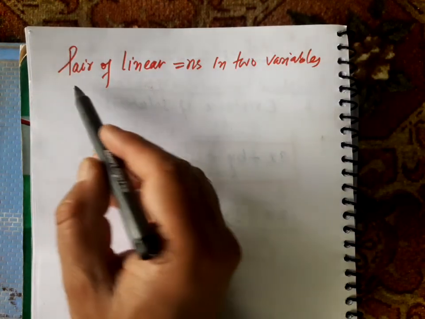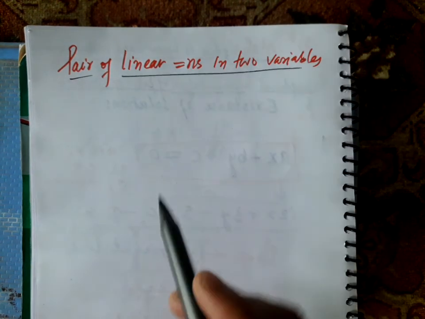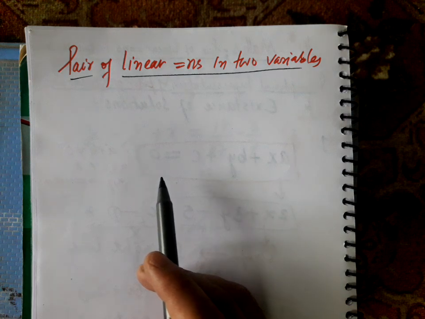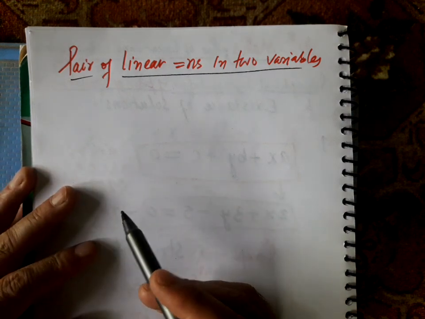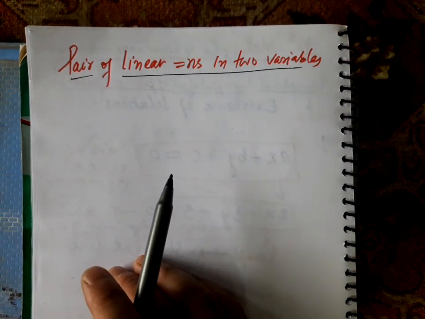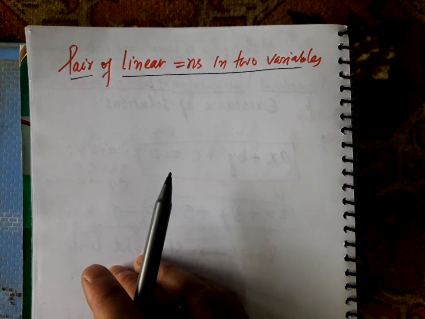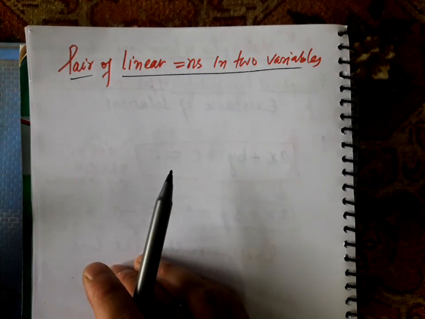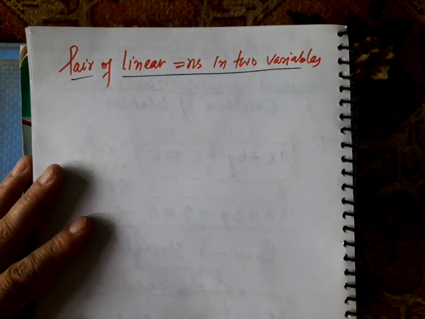How can we represent the solution of a pair of linear equations in two variables?